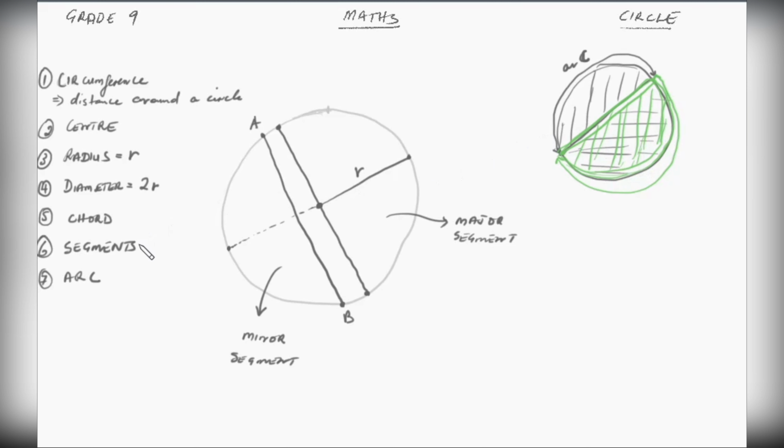So that means a segment is made up of the chord and the arc. A segment is made up of a chord plus the arc. Alright? Chord plus arc will give you the segment.